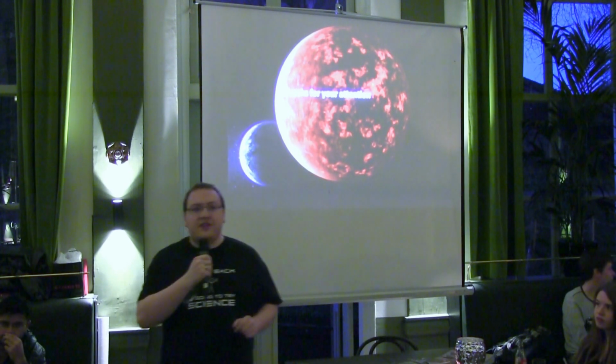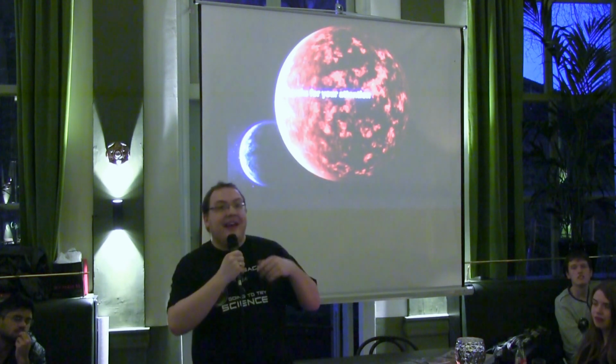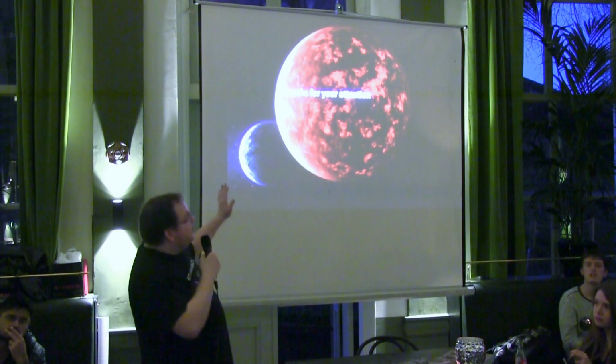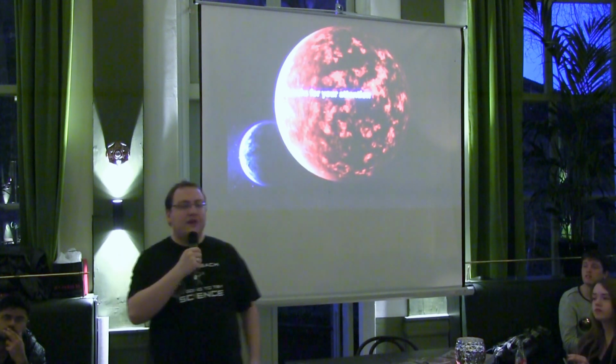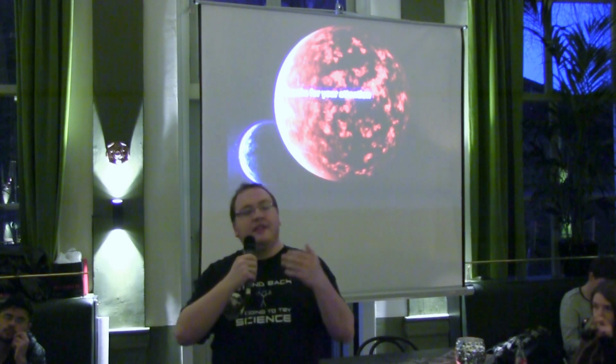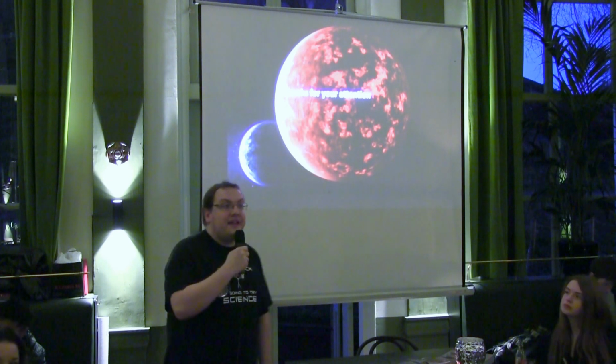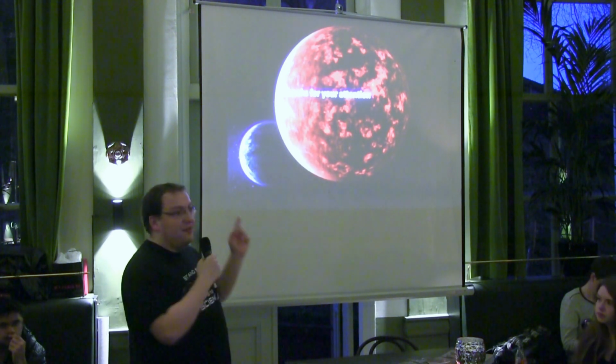This is a very good question. The question was if there are any advantages to photographing a planet over all the indirect detection methods that Matt, for example, we were talking about. So the transit method, for example. The main advantage is indeed that we can study the atmospheres of these objects.